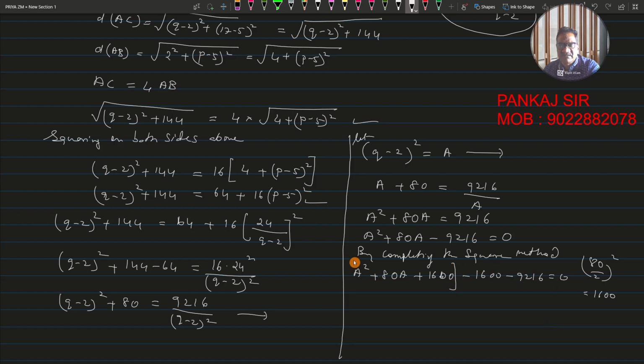Now these 3 terms I'll put in bracket. These 3 terms now happen to be a perfect square, which is a plus 40, right? (a plus 40) the whole square.